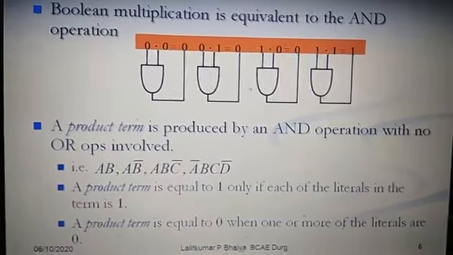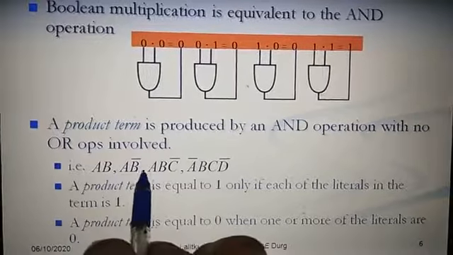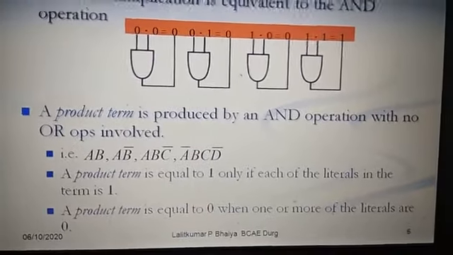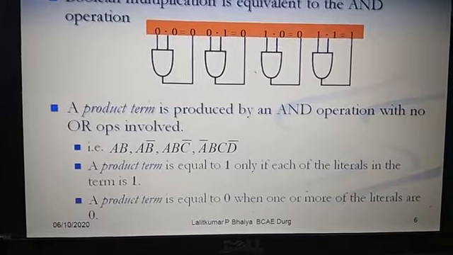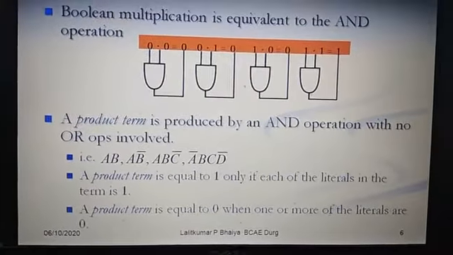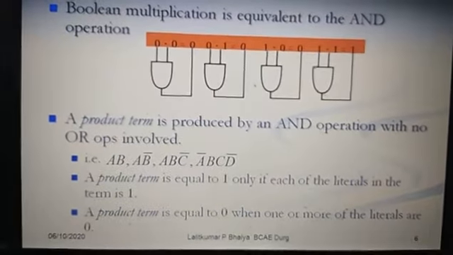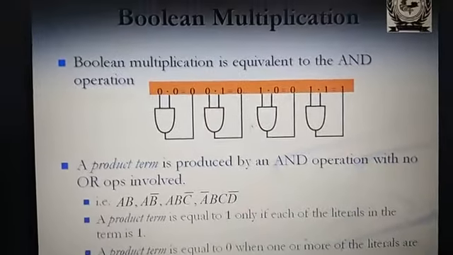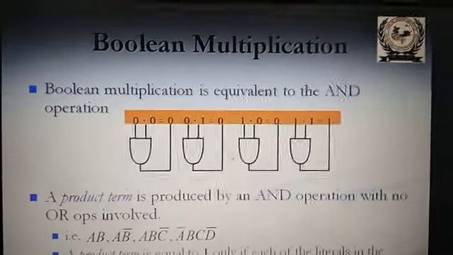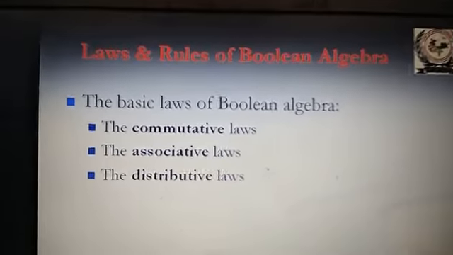That means each literal has a value 1, like this: A is 1 and B bar is 1, then the product is 1. A product term is equal to 0 when one or more of the literals are 0. If any one literal is 0, then the product term is 0. This is Boolean multiplication using the AND gate.